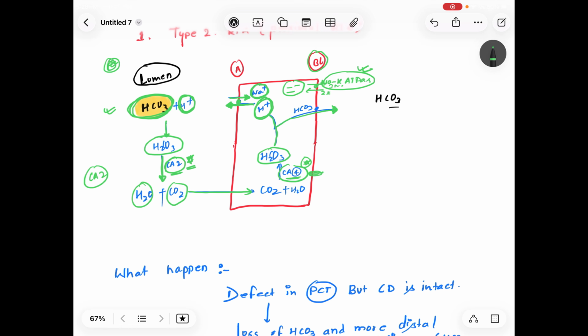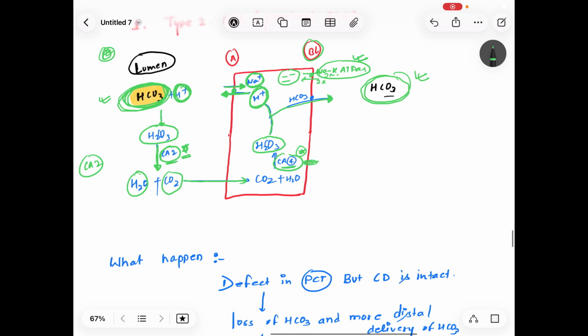So this H plus again combines with bicarbonate to form H2CO3. So overall, the bicarbonate in the lumen got absorbed into the blood vessel. So if there is any defect anywhere in this pathway, it will lead to proximal RTA.